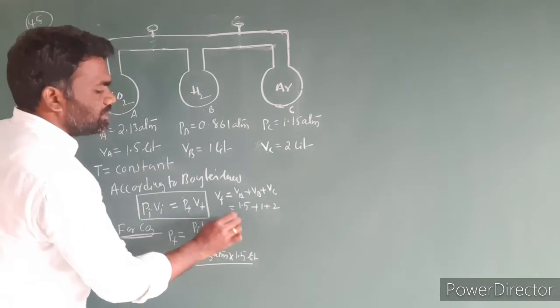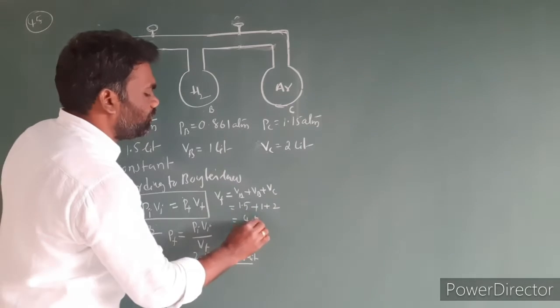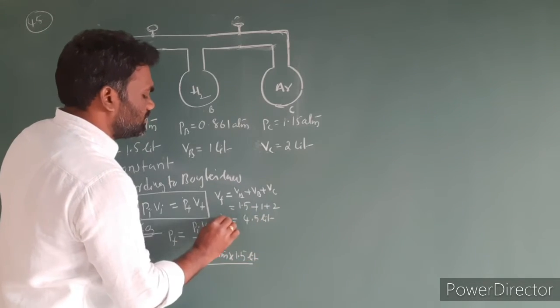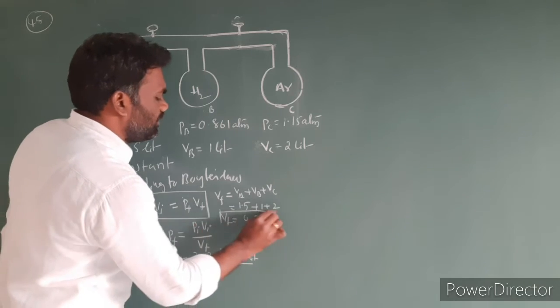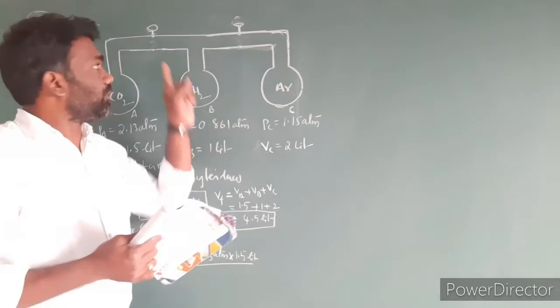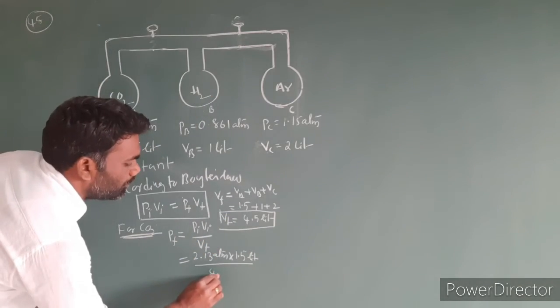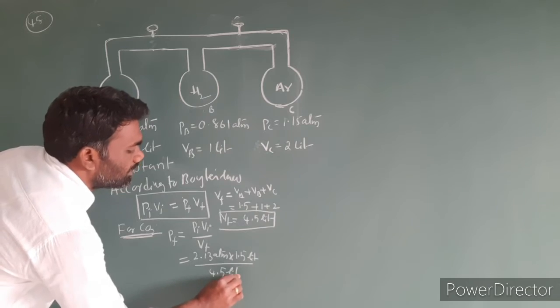The total is 4.5 liters. So V final is equal to 4.5 liters, because all the stopcocks are opened.